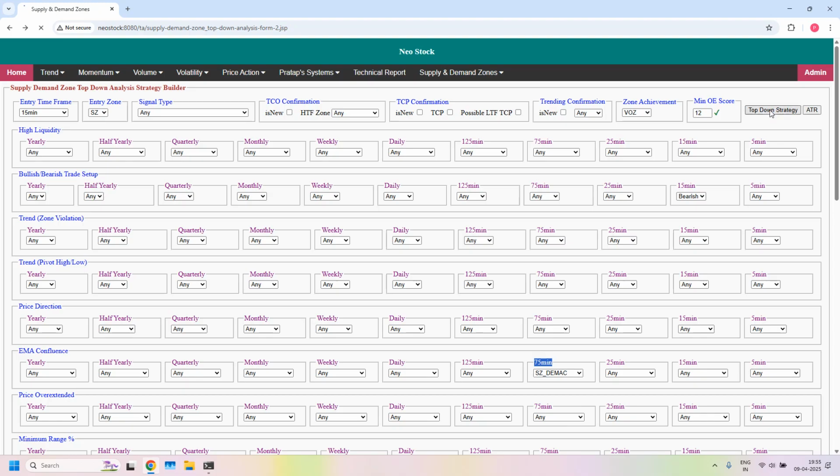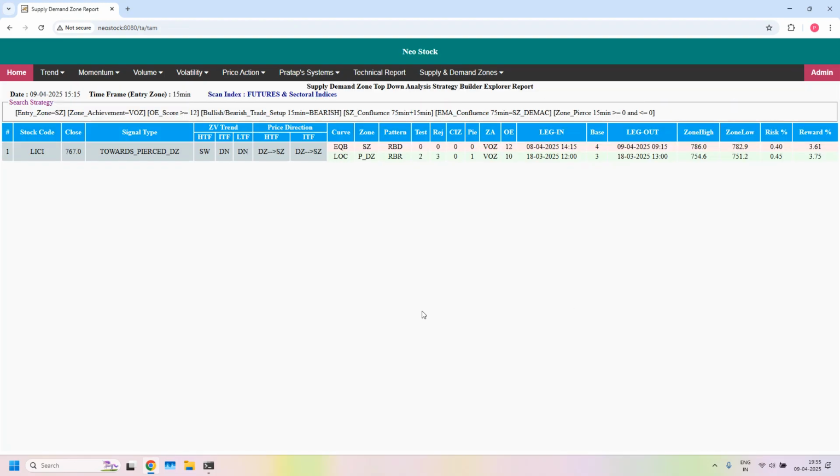So from the 20 stocks, we got only one stock. Only one 75 minute supply zone is having daily EMA confluence. So this is the 15 minute supply zone, overlapped with the 75 minute supply zone, and that 75 minute supply zone is having daily EMA confluence.